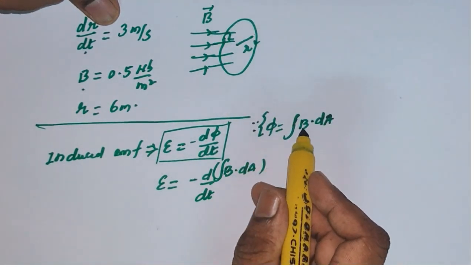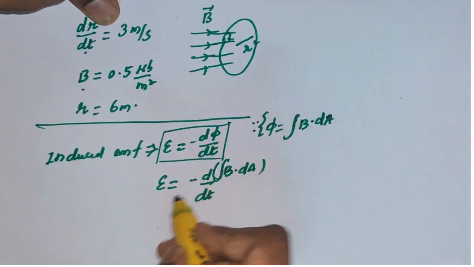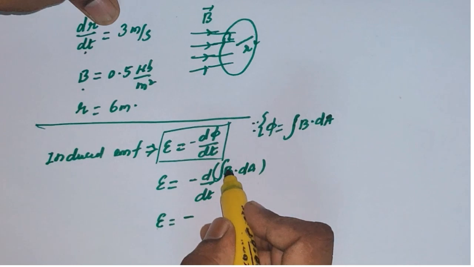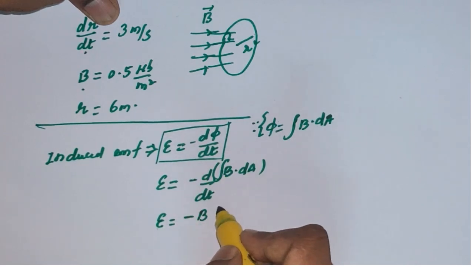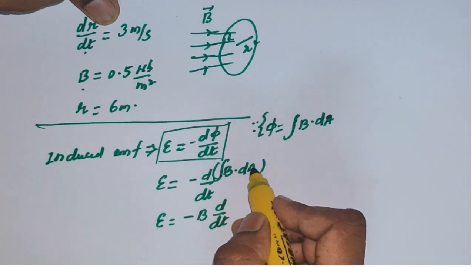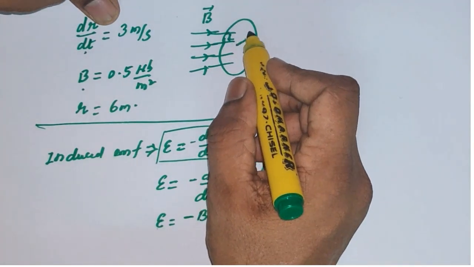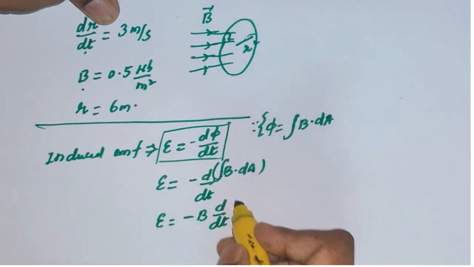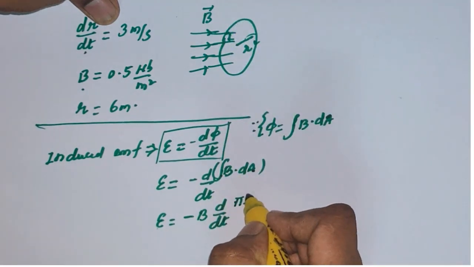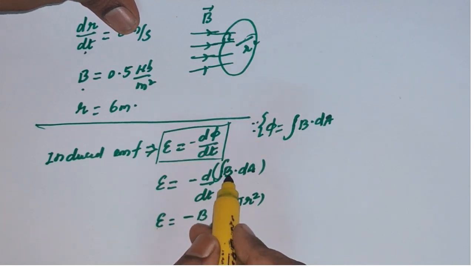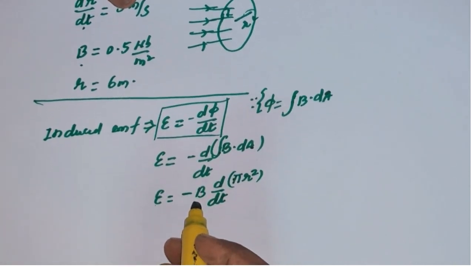If the magnetic field is constant, you can take it out of the differential and then do the integration. The integral of dA for this loop of radius r is the area of the loop, pi r square. So the magnetic field is constant and comes outside.